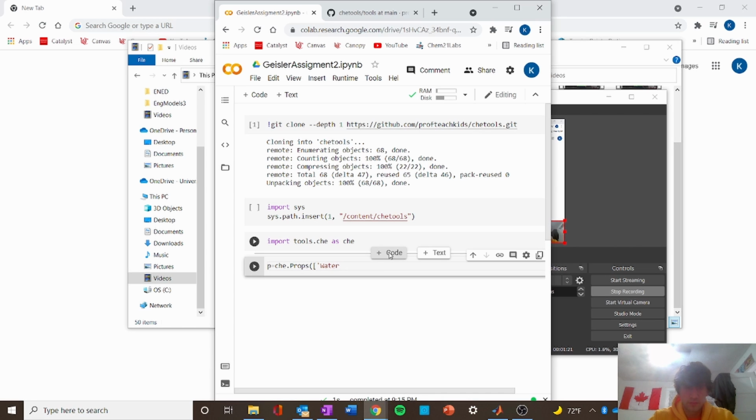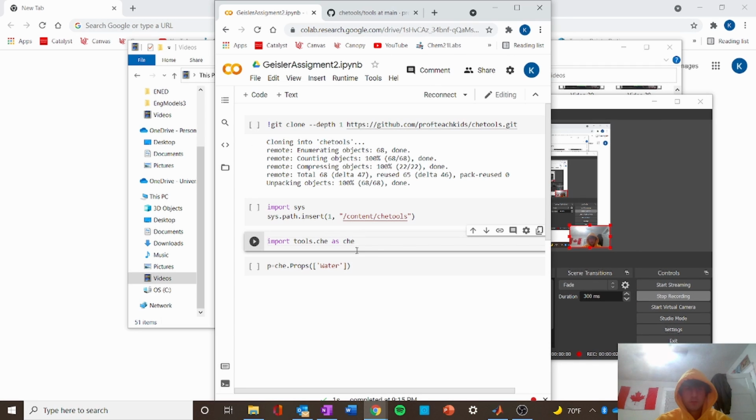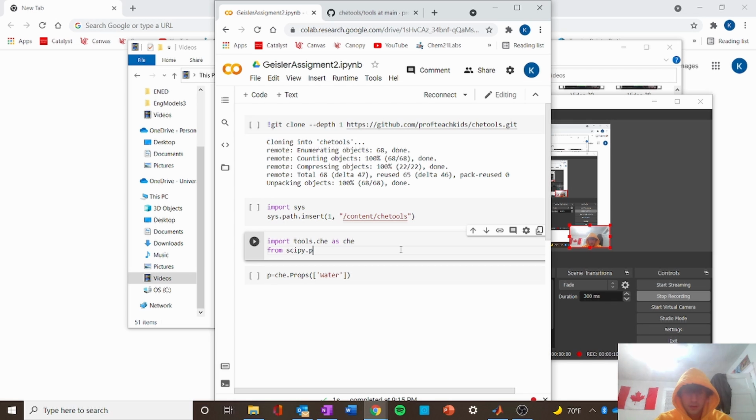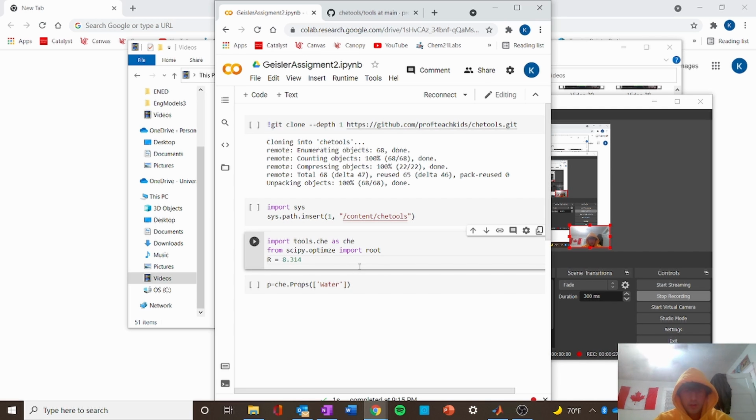Okay, good. Now we want to optimize our equation, so from SciPy optimize we import root. We also state our R value, the 8.314 from earlier, in joules over moles Kelvin.